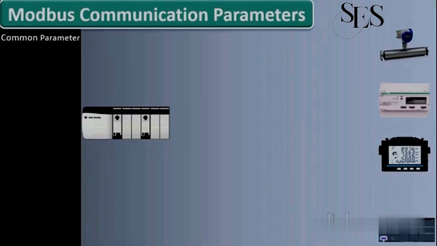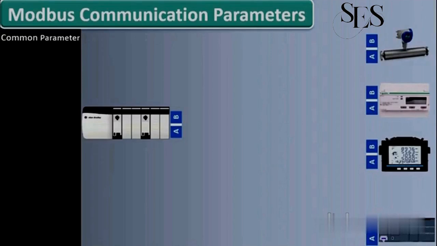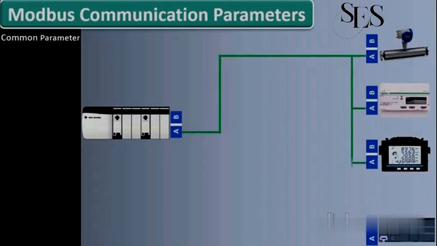The first thing we do is the wiring. As a Modbus RS485 is a two-wire communication with a differential signal. Every Modbus device has two signal points for wiring, that is A and B. All the devices signal point A are connected with a single wire.